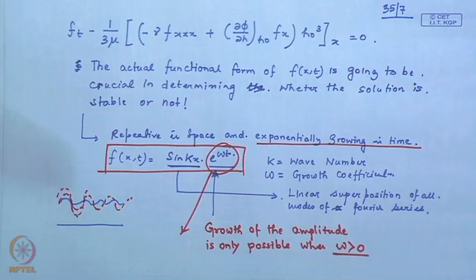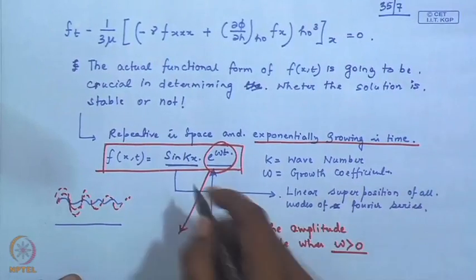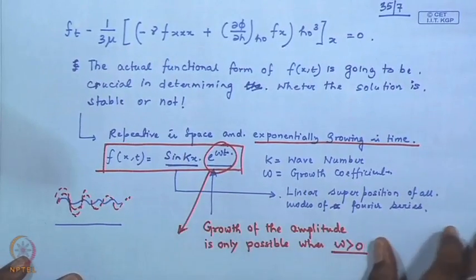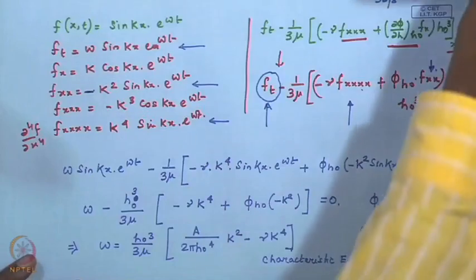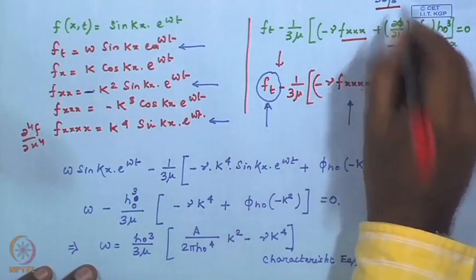So, a negative omega would mean that the strength of your attractive van der Waals interaction, or the destabilizing force to be more general, was not strong enough to overcome the stabilizing influence of surface tension. Therefore, using this perturbation function, the film can only become unstable when omega is positive.